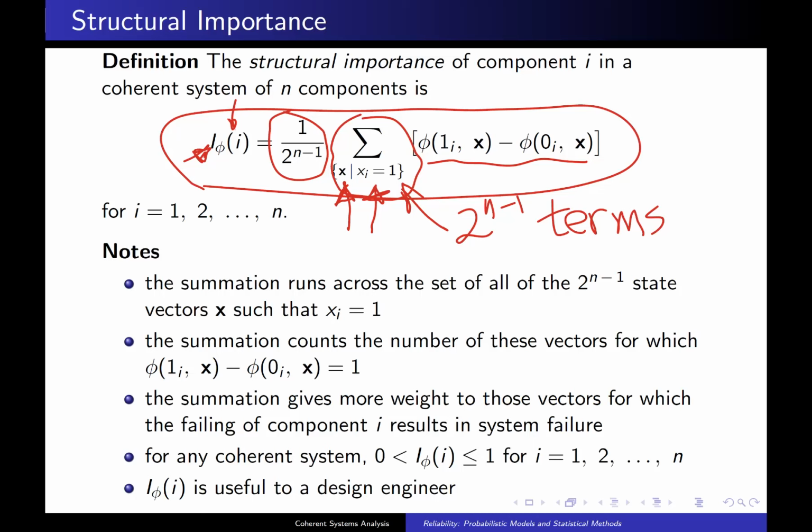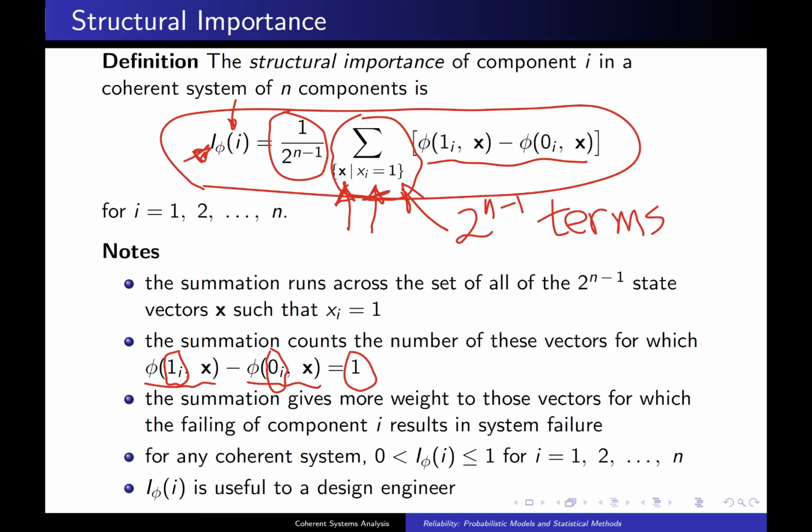Second, the summation counts the number of these vectors for which component i being operating minus component i being failed results in the system going from the operating state to the failed state, and that's what this equal 1 is right there. Number 3, the summation gives more weight to those vectors for which the failing of component i results in system failure.